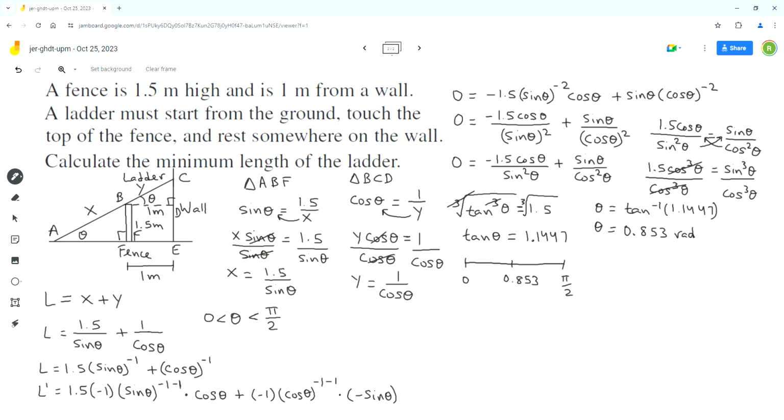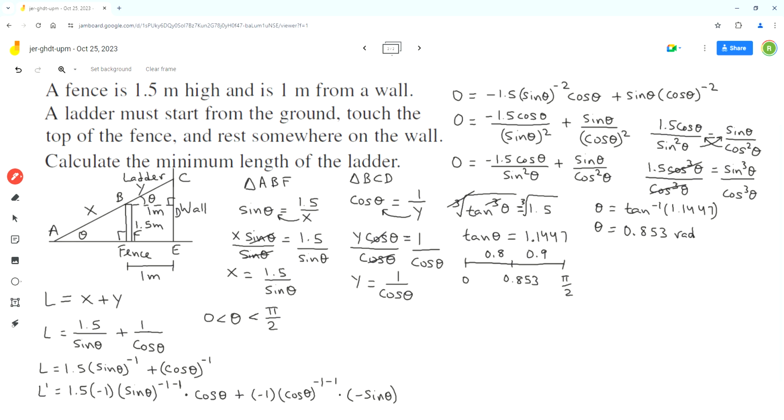So we have to use a test value on the left side and the right side of this theta equals 0.853. We can use the test value 0.8 on the left side, and we can use the test value 0.9 on its right side. And we should sub in these test values in the derivative expression and check whether the function is decreasing or increasing on the left and the right side of this value we got. So let's start with the test on the left side.